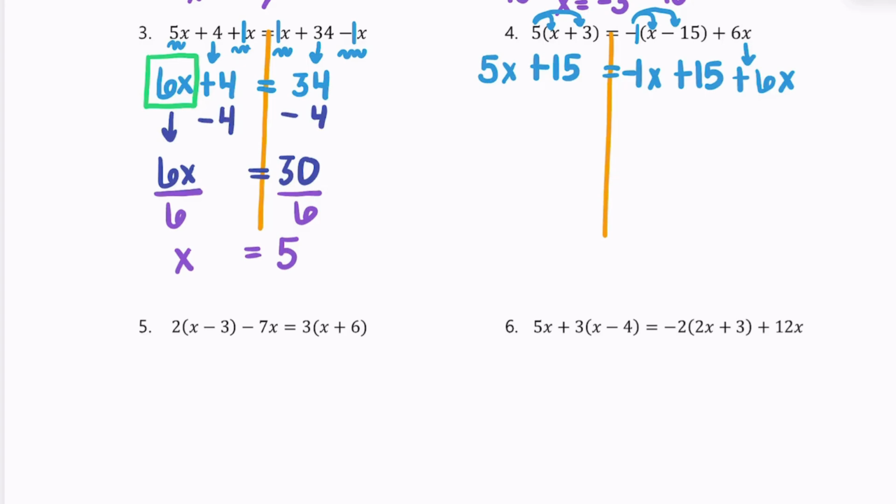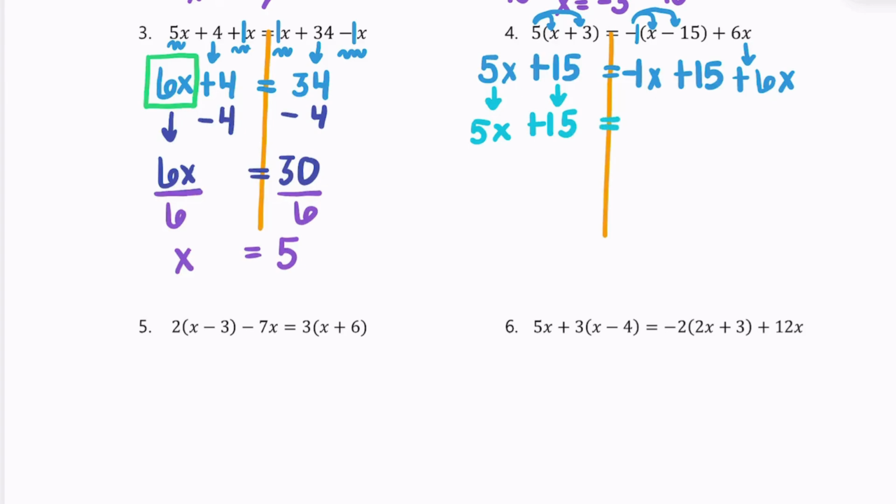All right, let's look at that left-hand side. Do we have any like terms? Can we simplify that left-hand side anymore? And hopefully you agree or you're answering no, right? 5x is the only x term and 15 is the only constant. Okay, now let's look at the right-hand side.